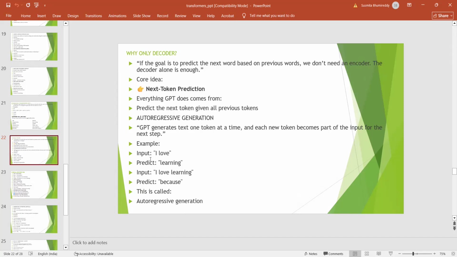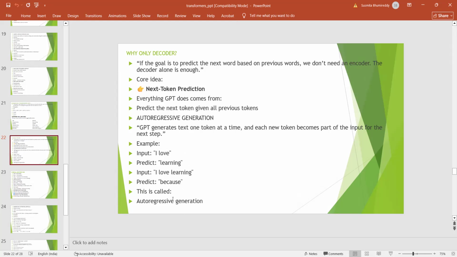Suppose the input I have taken is "I love". What it should predict is "learning". Based on these two words, it has to predict the third word, learning. And then we have "I love learning". Based on these three tokens, it needs to predict the next word, "because".